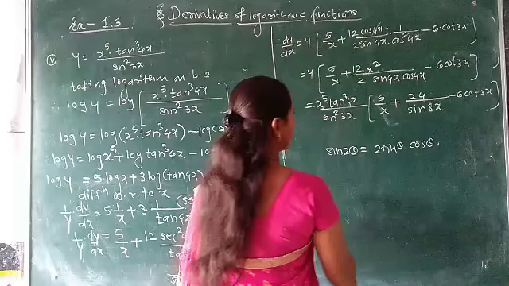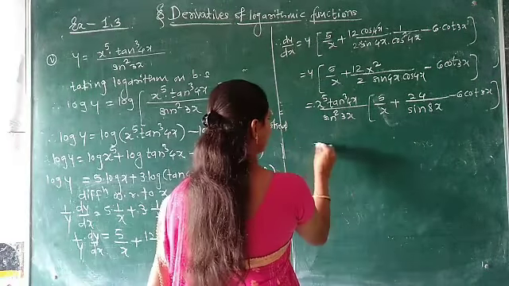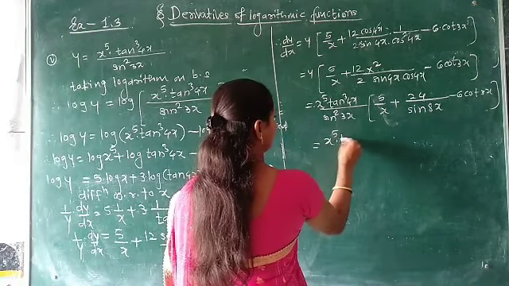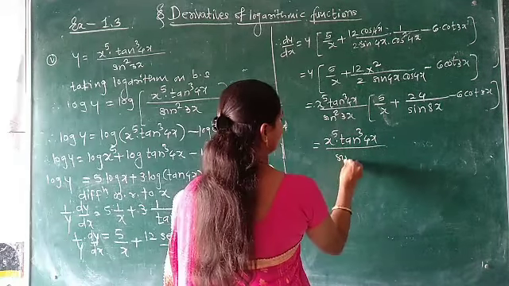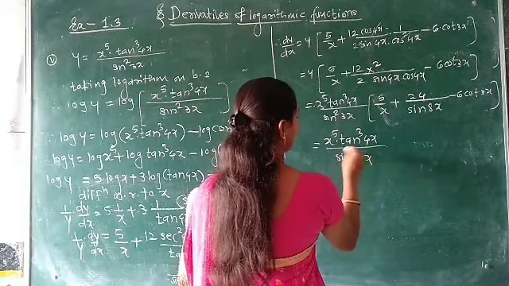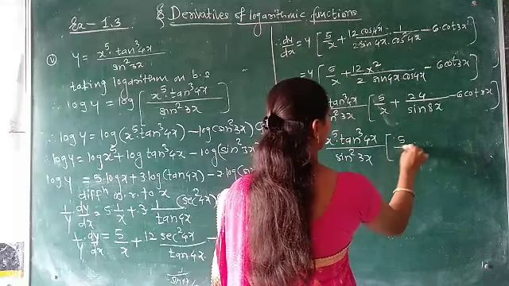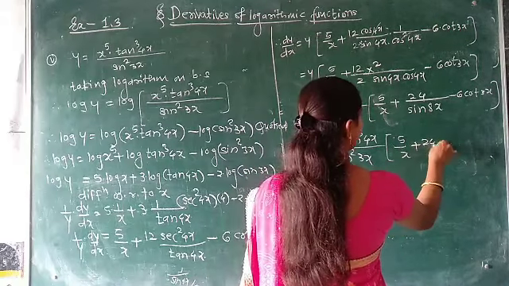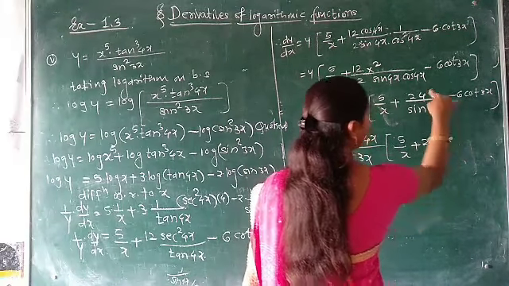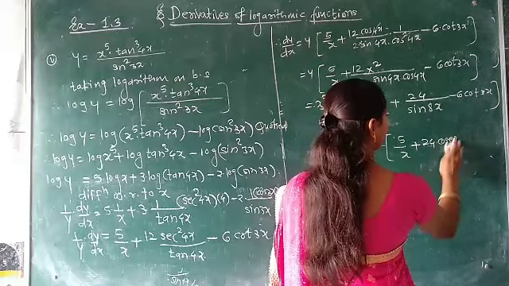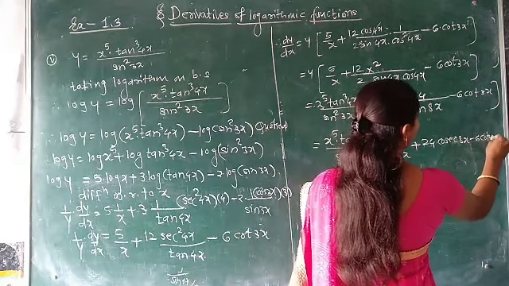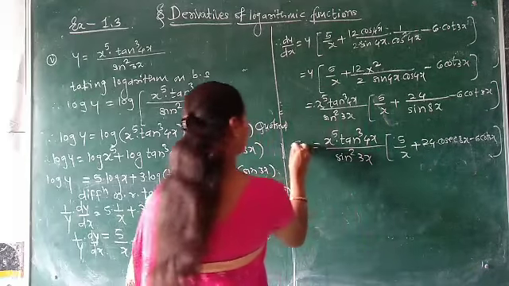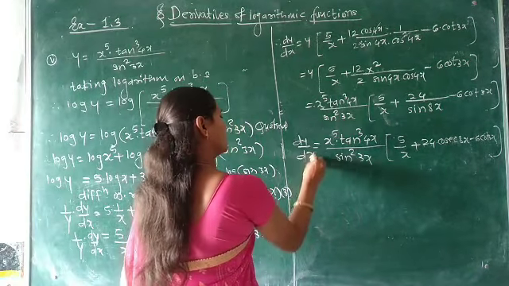Again, this 1 upon sin 8x we write as cosec 8x. So dy upon dx is equal to x raised to 5 tan cube 4x upon sin square 3x, in bracket 5 upon x plus 24 into 1 upon sin, that is cosec 8x, minus 6 cot 3x.